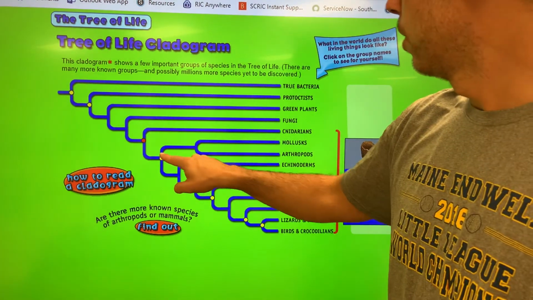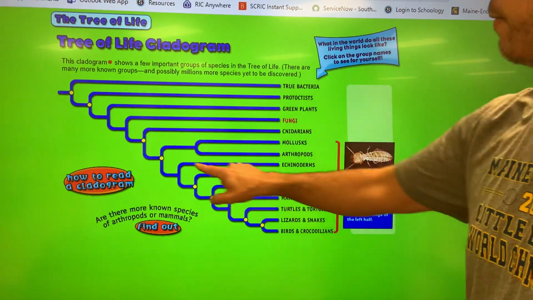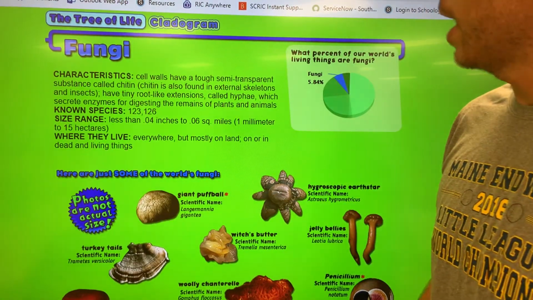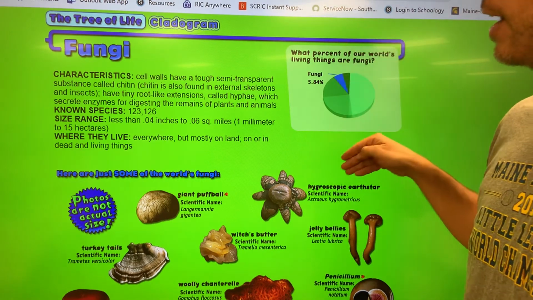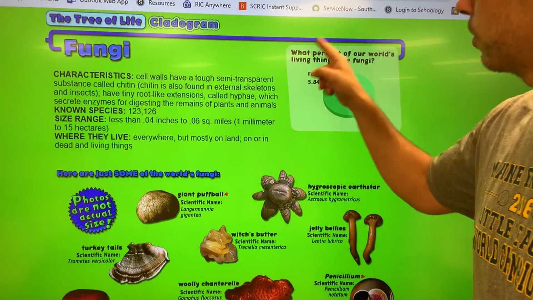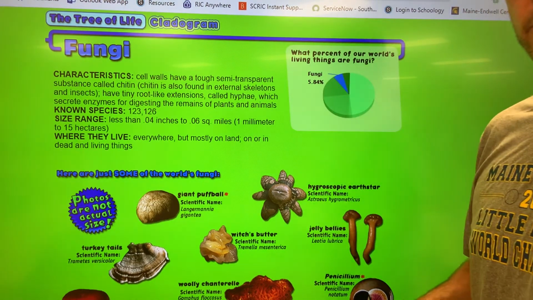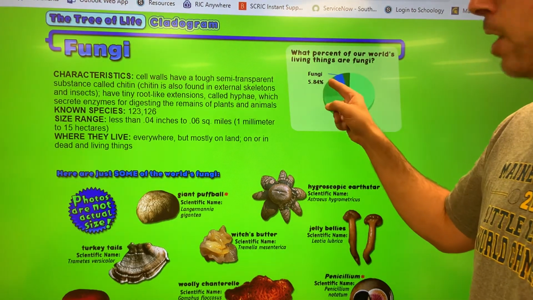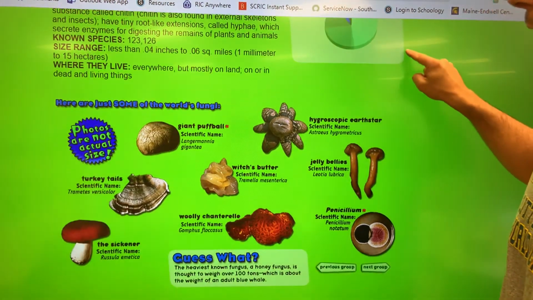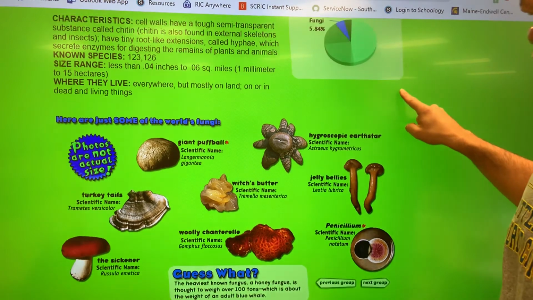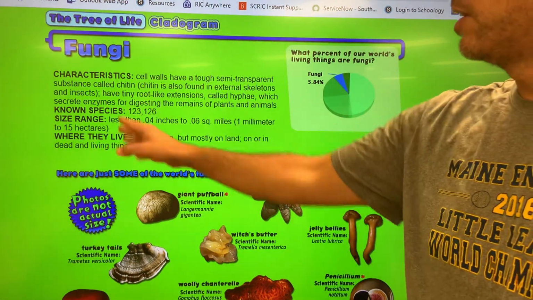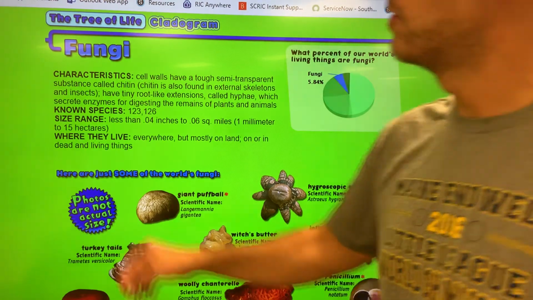All right, I'll click off of that. Oh, I just clicked on fungi. Let's go with it. Any kingdom or anything that you click on will give you more information that you need. It'll tell you what percentage of the world's organisms are fungi: 5.84 percent of all living things are fungi. Then it will give you a few examples of what fungi look like, characteristics, known species, where they live. It gives you tons and tons of information on those.